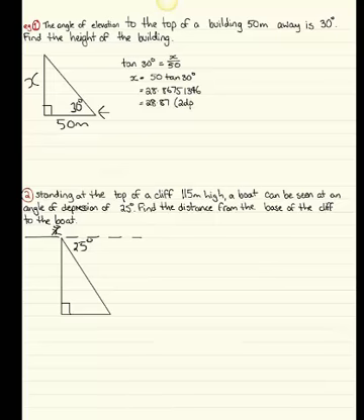We know that the cliff is 115 meters high, and we want to know how far away the boat is from the base. So we're trying to measure this distance here because that's our boat just there. Now the problem that we have is our 25-degree angle is outside our triangle, so we can't use it there.